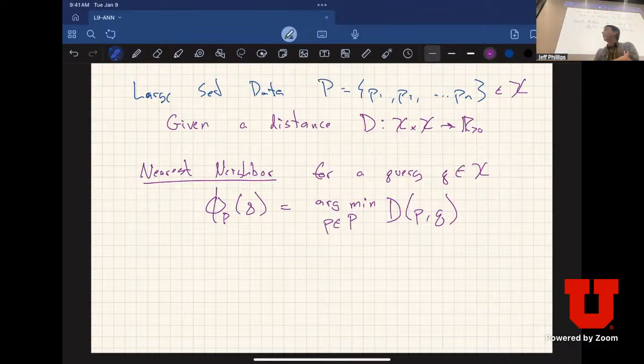If I say argmin, maybe it is not familiar notation. If you've taken 3190, then it should be. But the minimum of the choice over the set P is going to be the value that minimizes the distance, and the argmin is the argument that minimizes the distance.